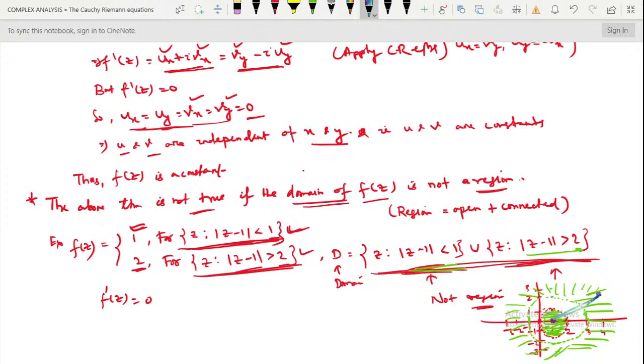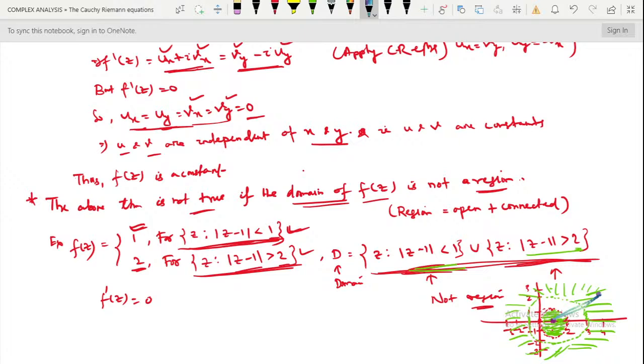So, write a problem: an analytic function in a region with constant modulus is constant.